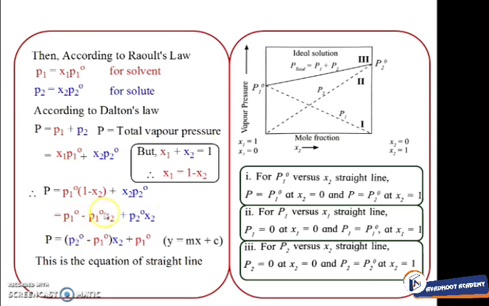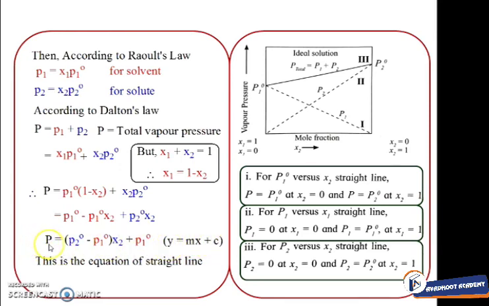Again, when we simplify this, taking x2 as a common factor, the total pressure is equal to P20 minus P10 into x2 plus P10. So this is the equation of a straight line, that is y is equal to mx plus c.